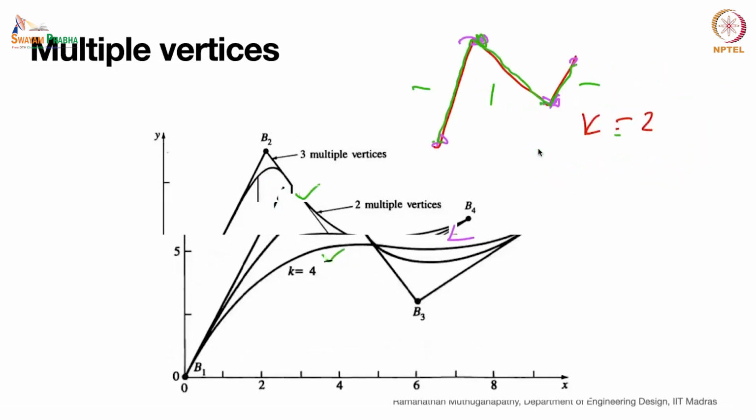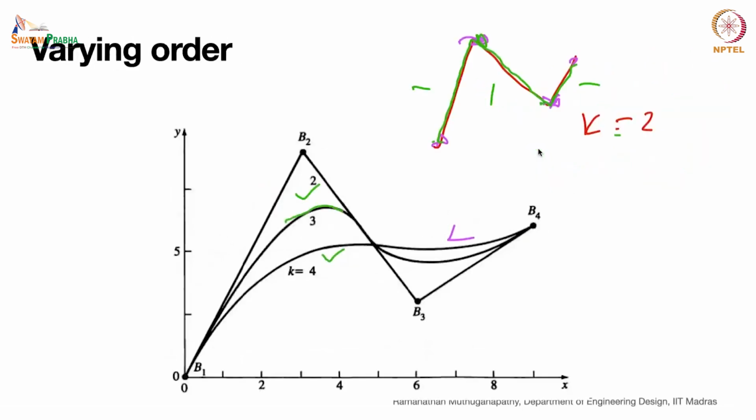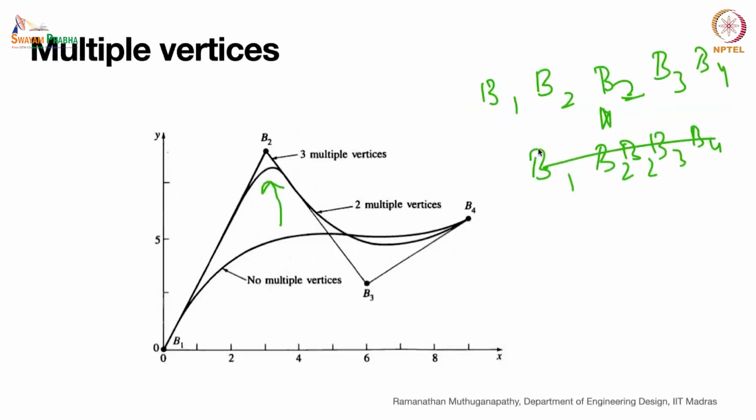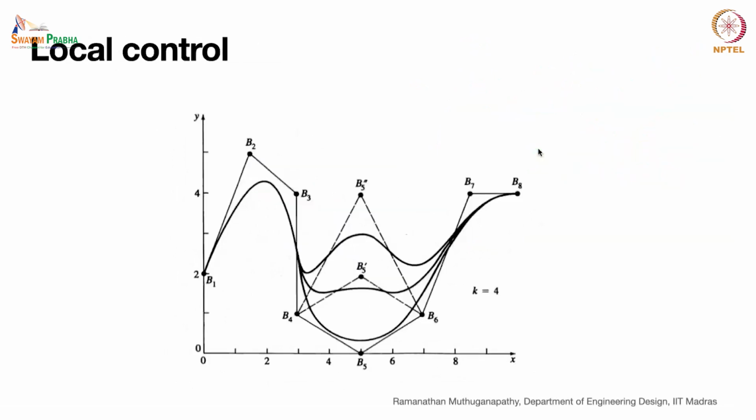You can see in the previous case it was somewhere here, and now if I add the same control point again, it gets pulled towards the control point. Of course, at some point, we can make it pass through that control point in some instances. This we cannot achieve using a Bezier; it's very hard to achieve this in a Bezier curve.